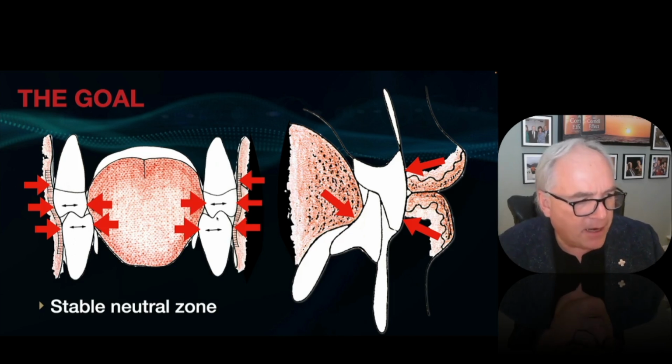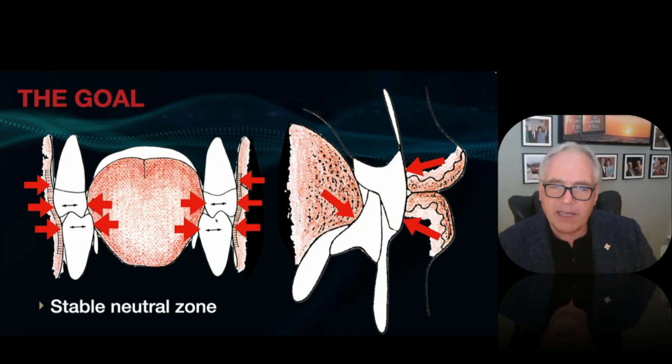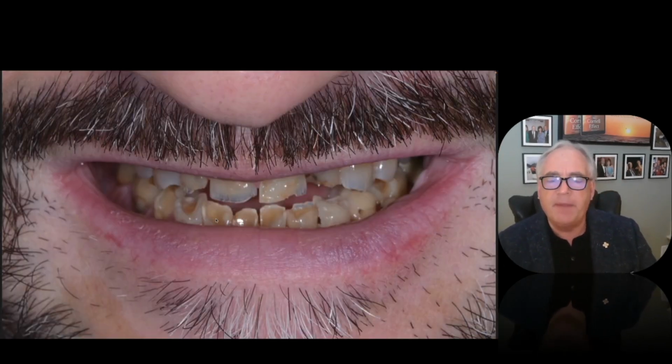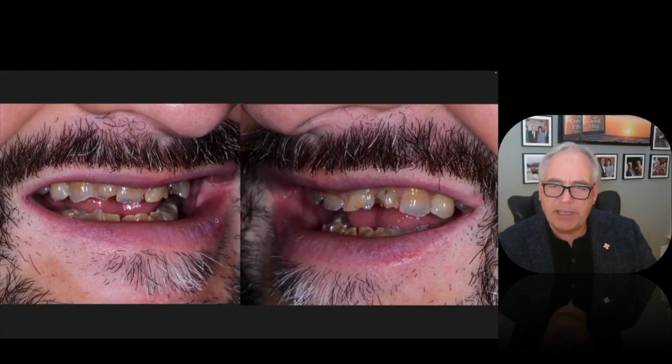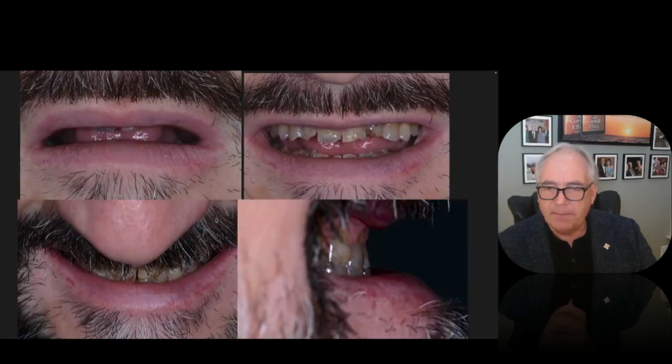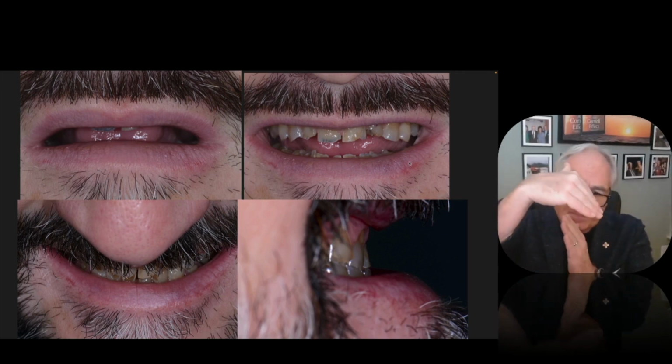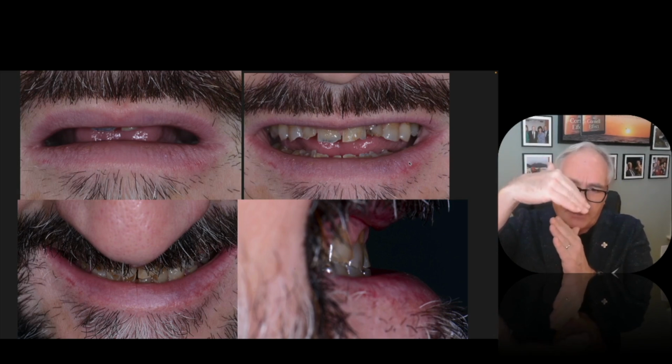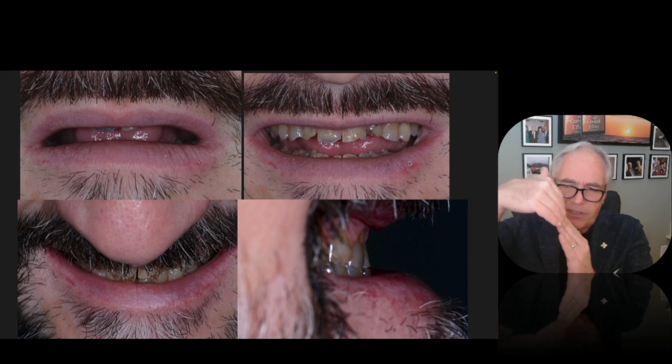Thinking about Ben here, and as I examined him, one of the things I mentioned in his case was that with these type of wear patterns, when you see a pseudo class 3, often what's happening is as they destroy their lower incisors and they're destroying the upper incisors, what creates the pseudo class 3 is as they're grinding, the lip is actually putting pressure on the teeth and they finally just grind through the edges.